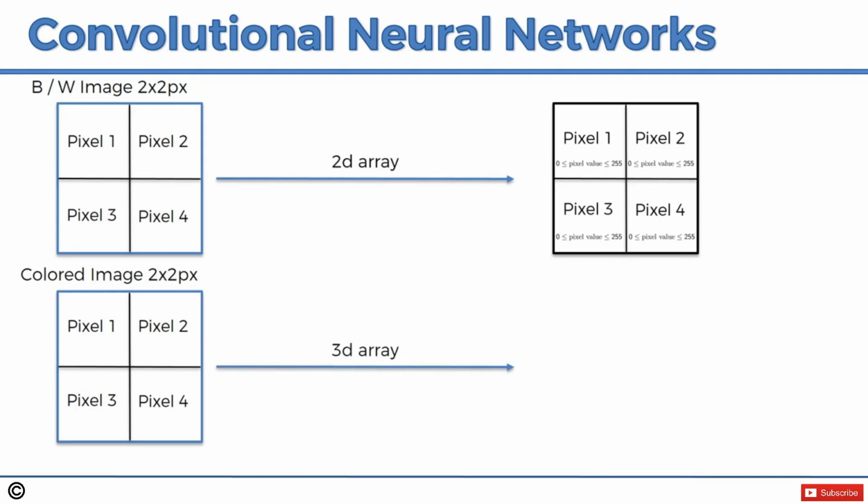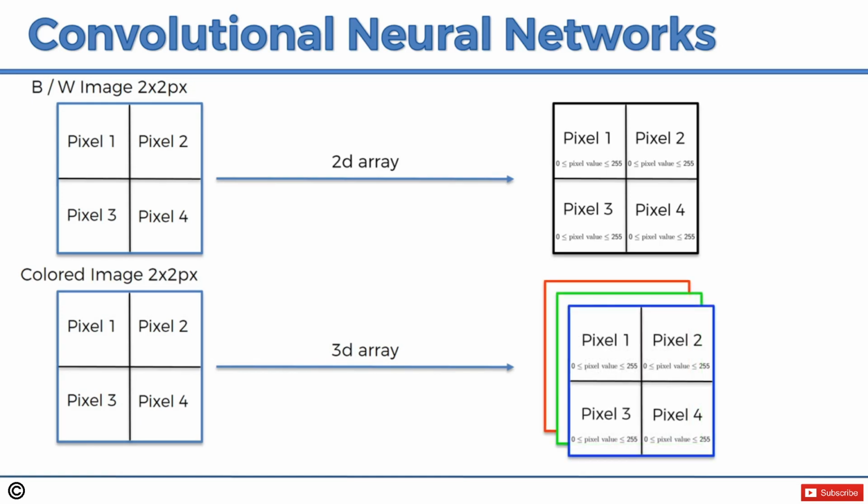And a colored image is actually a three-dimensional array. You've got a blue layer, a green layer, and a red layer, and that stands for RGB: red, green, blue. Each one of those colors has its own intensity. So basically, a pixel has three values assigned to it, each between 0 and 255.